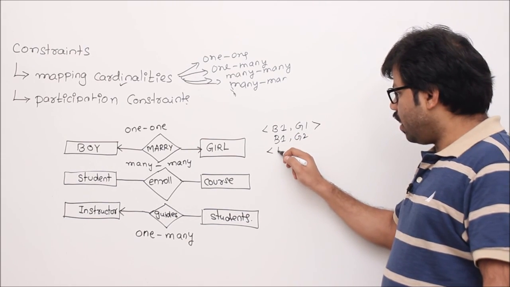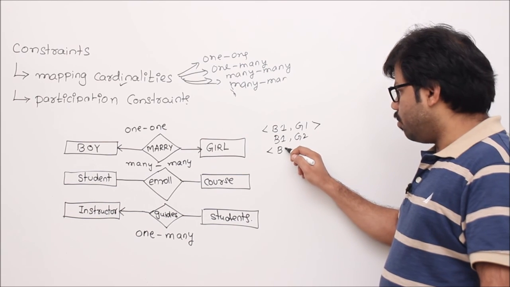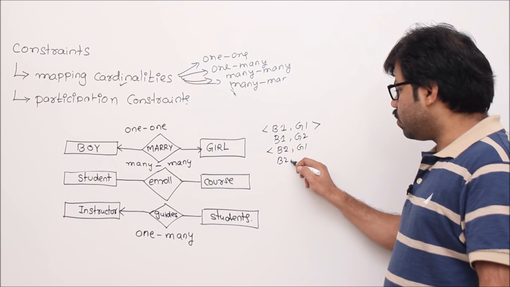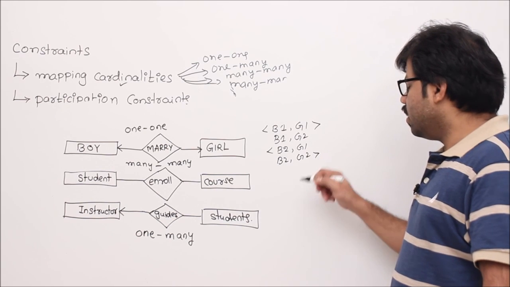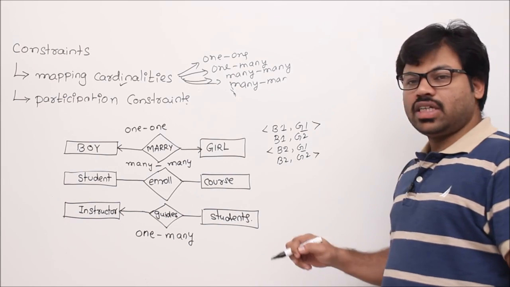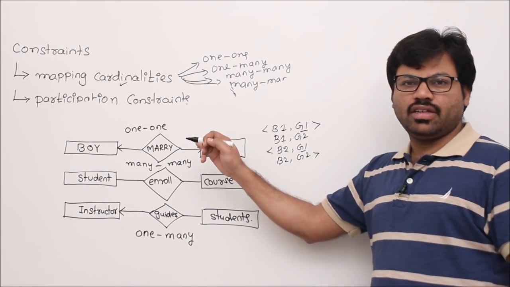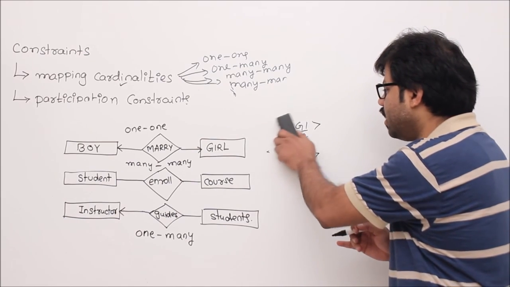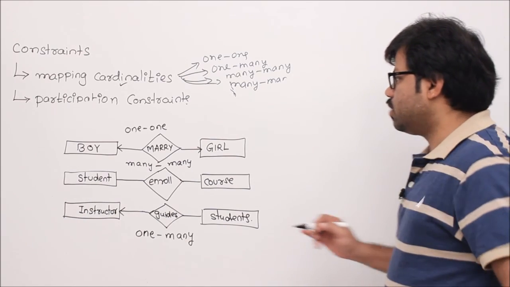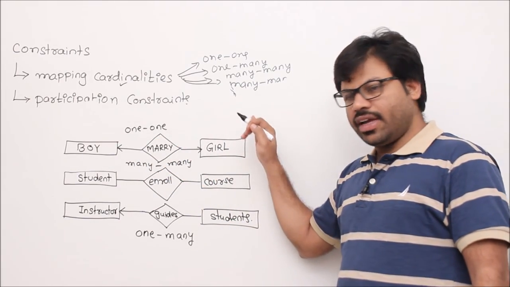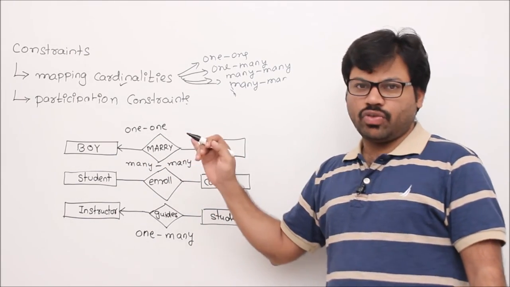But if same way, B2 is associated with G1, B2 is associated with G2, if you see now from right side, every girl is also participating multiple times. That's why that side also many, right? It will become many to many. So by seeing the data, we can easily answer this question. At this moment, it is one to one because every boy can marry at most one girl, every girl can marry at most one boy.